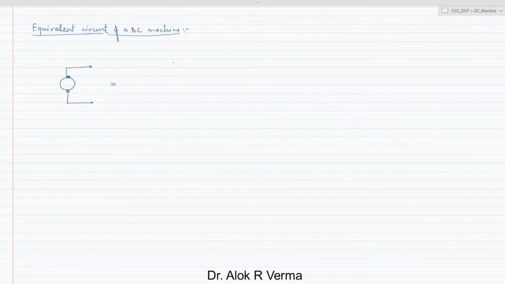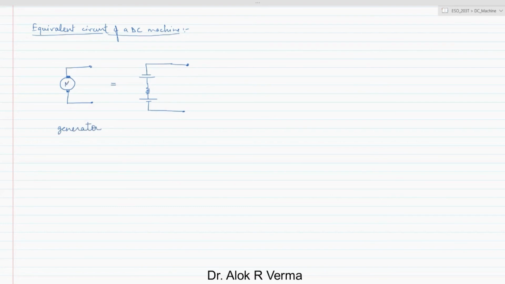This can be represented by a generated EMF E, then some drop in the resistance, and then some drop in the brush gear where the current collection happens. This is the equivalent circuit of a generator.